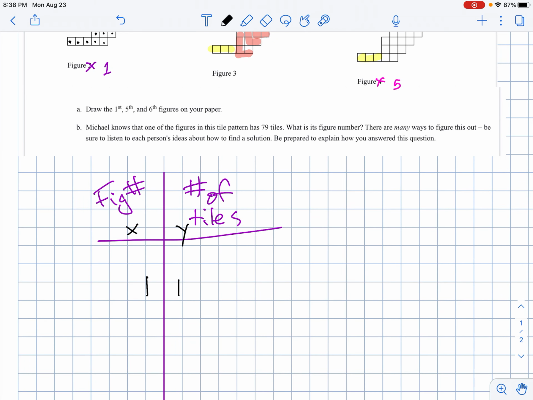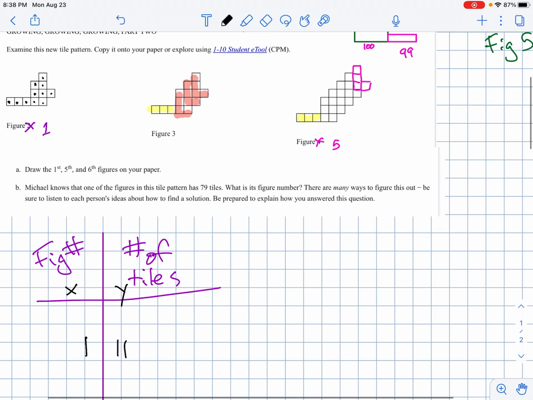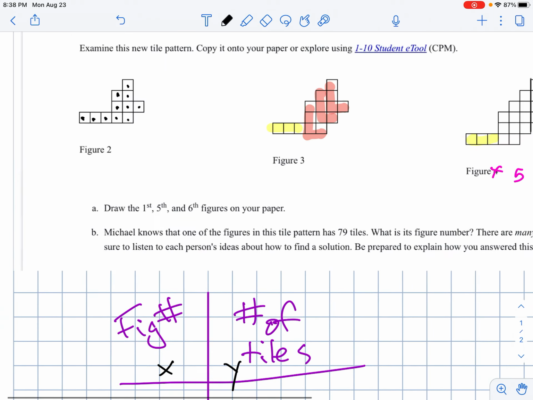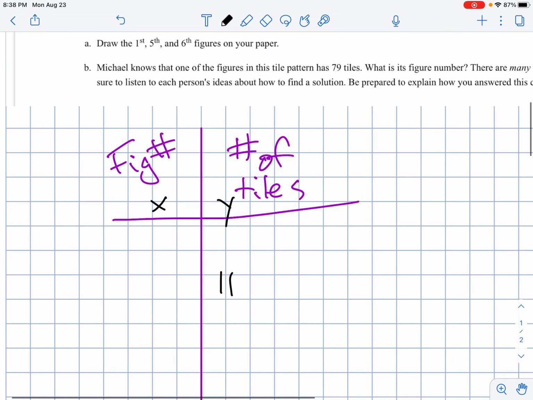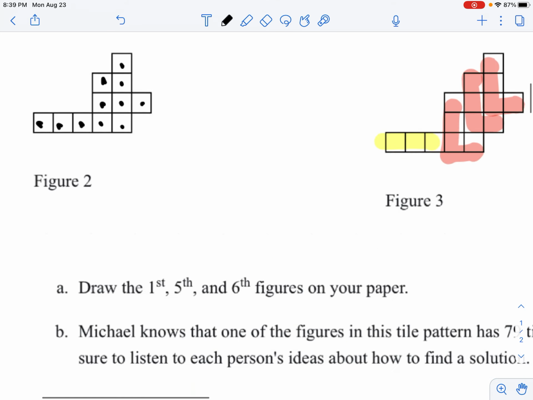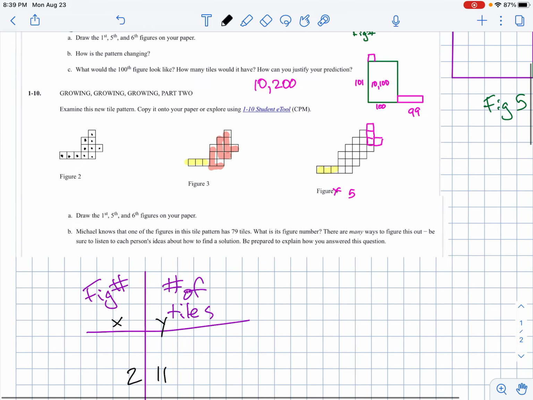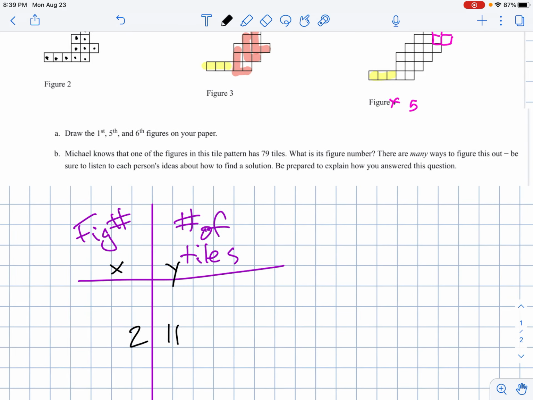Now, we can keep counting, or we can just think a little bit and realize that figure, oh boy, I already made a mistake. That was figure 2. I forgot that I'd crossed it out. So figure 2 had 11 tiles. I apologize. Hopefully you caught that mistake early on there.